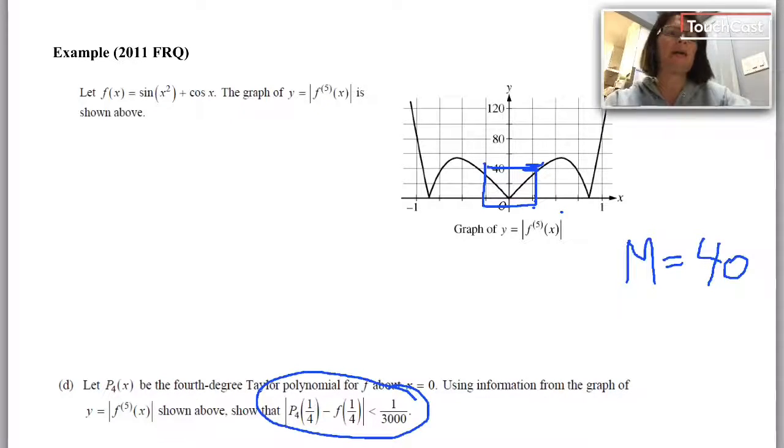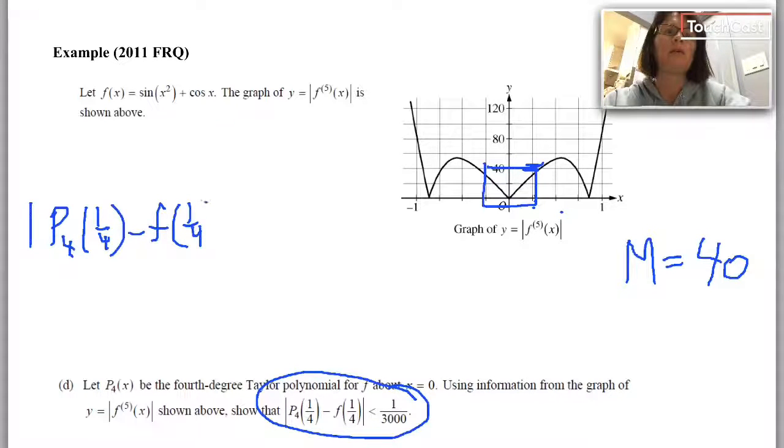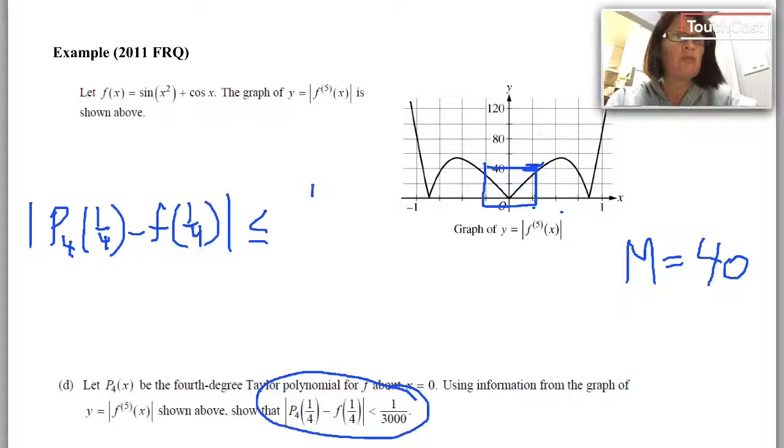So I'm going to try to write the absolute value of the fourth degree Taylor polynomial evaluated at 1/4 minus the real value of f of 1/4 has to be less than or equal to M, which is 40, over the next number factorial.